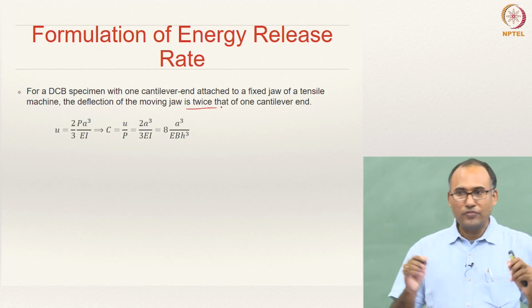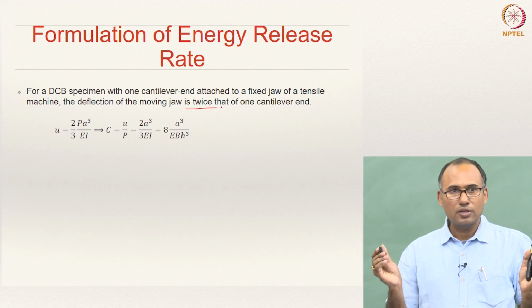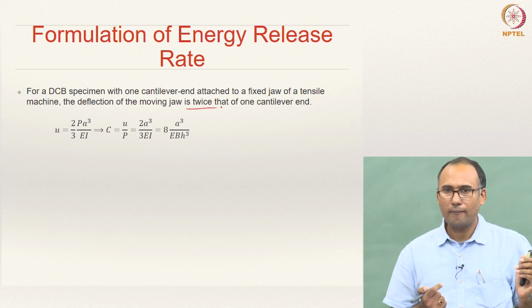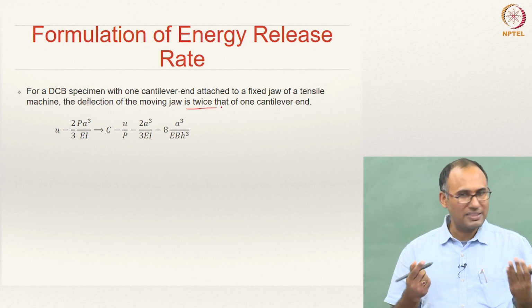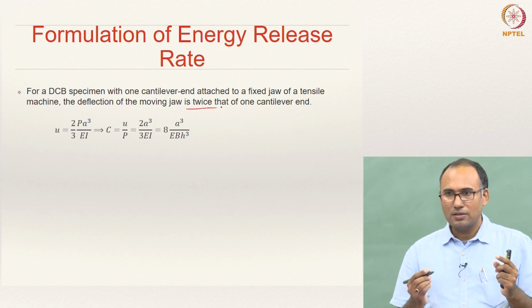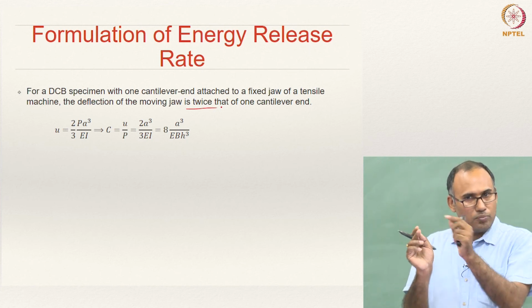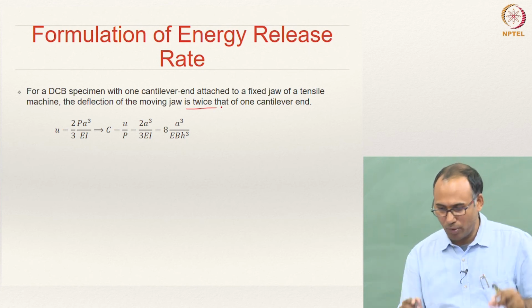So if you have a cantilever with an end load, what is the deflection of the cantilever? PL cube by 3EI, right? Yes or no? So imagine the double cantilever we are talking about.